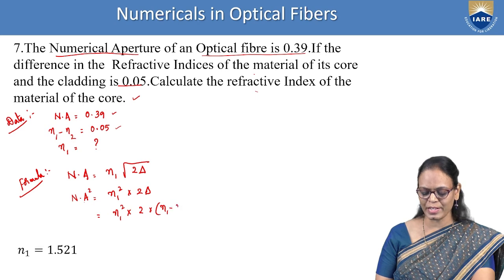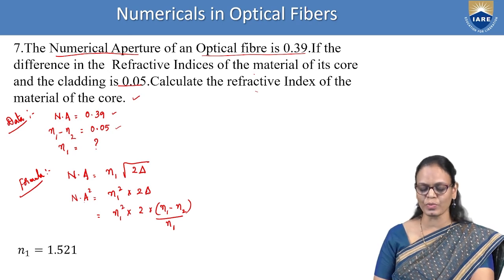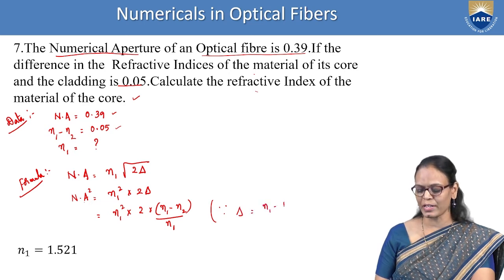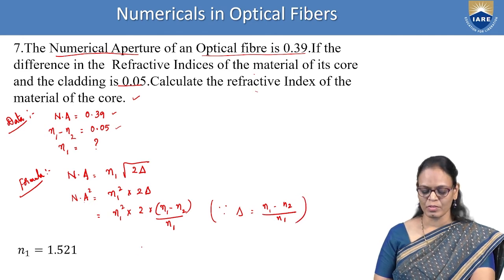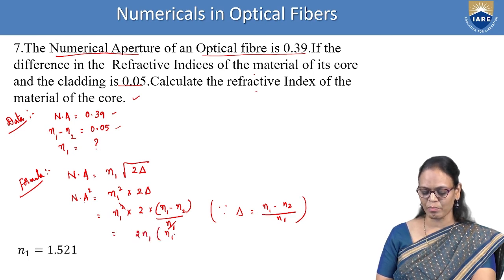N1 minus N2 upon N1 is the formula for delta. We are substituting it, since delta is equal to N1 minus N2 upon N1. So this N1 and N1 get cancelled. What we have here is 2 N1 into N1 minus N2.